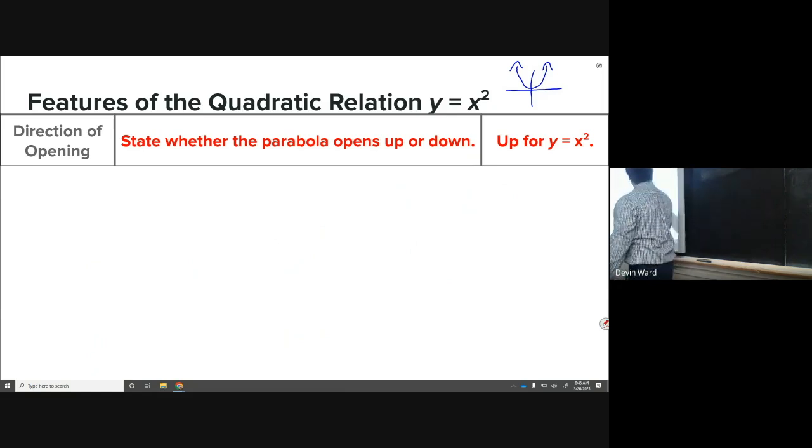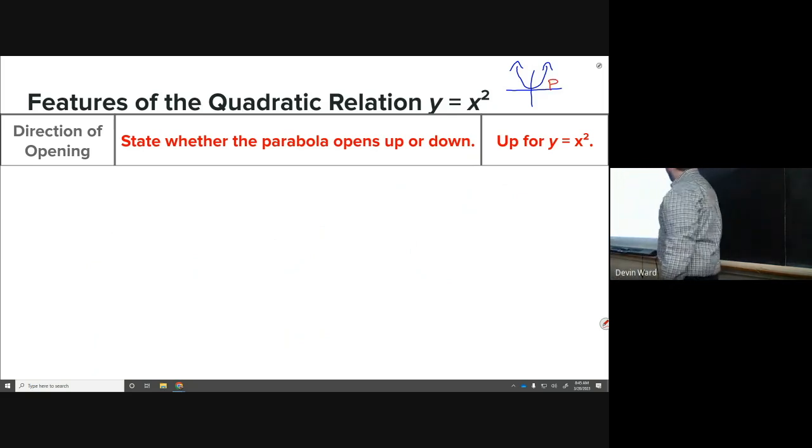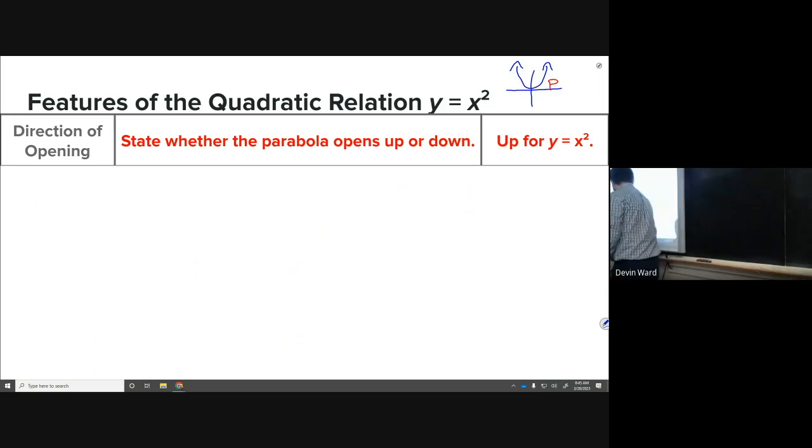The other way you can think of it is when it's up, it almost looks like a U for up.